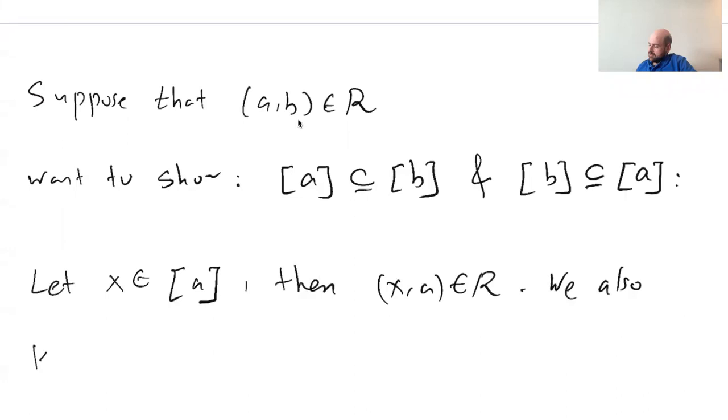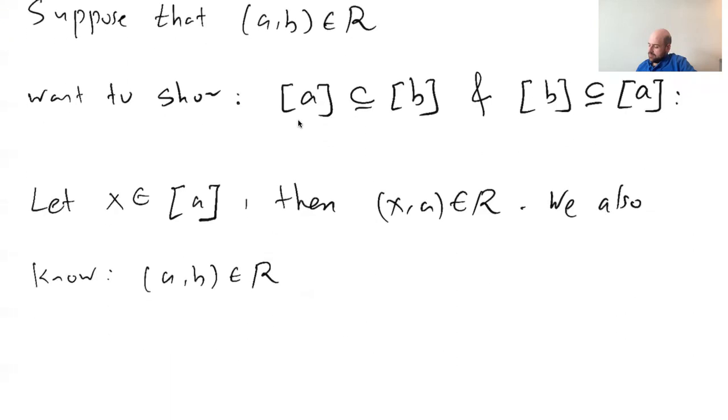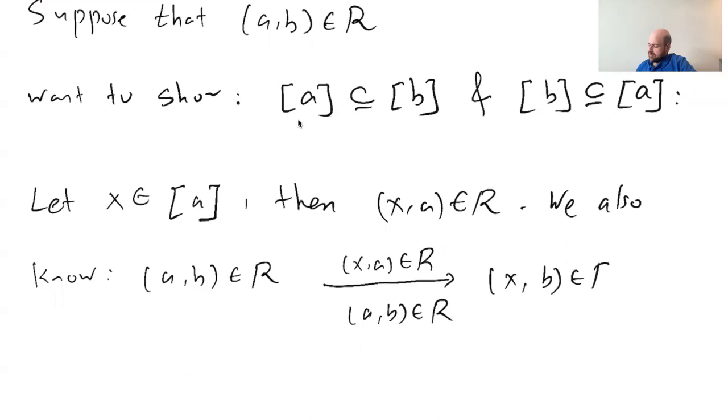We also know (A, B) is in R. So these two together imply that (X, B) is in R, right?